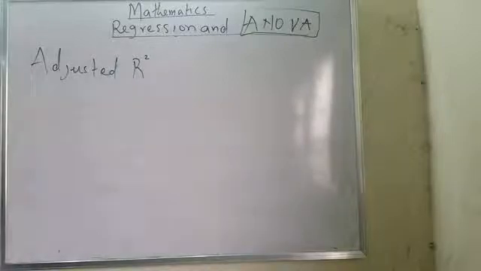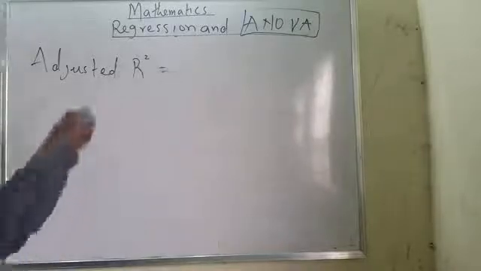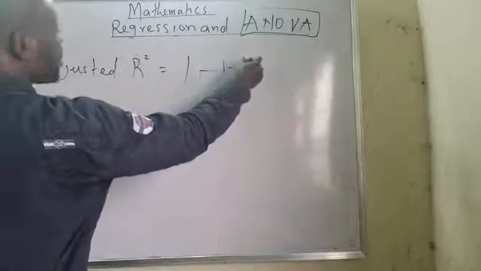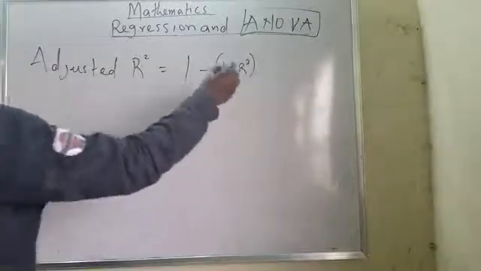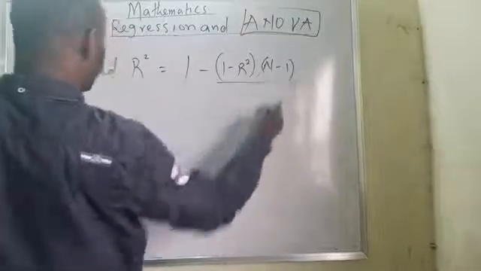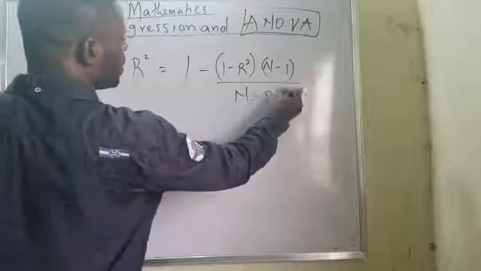How do I get my adjusted R squared? It's very simple. My adjusted R squared is always equal to 1 minus (1 minus R squared) times (n minus 1), divided by (n minus p minus 1).